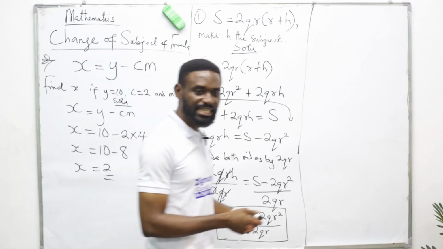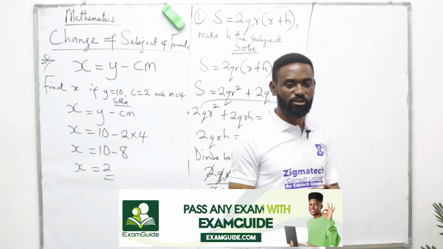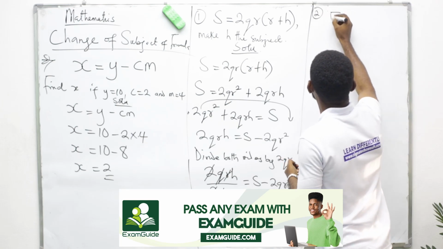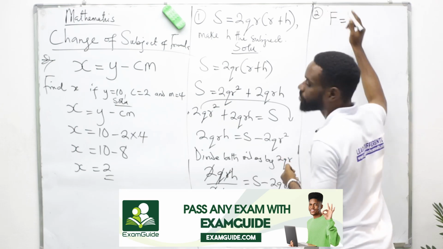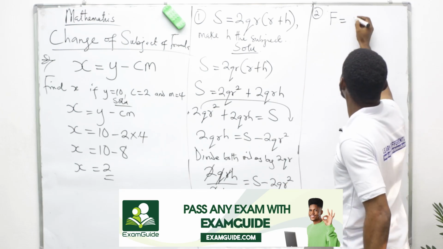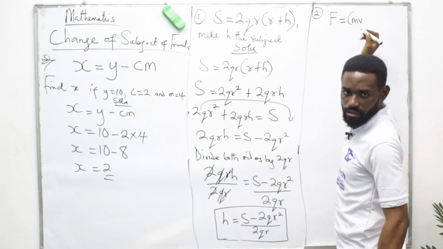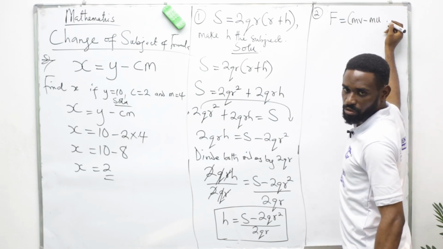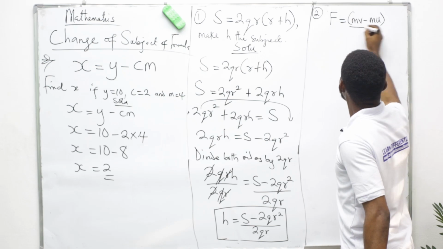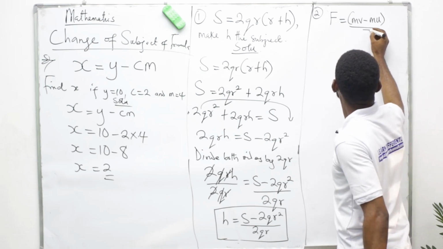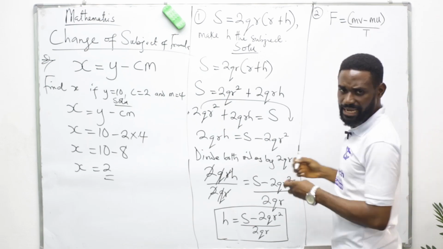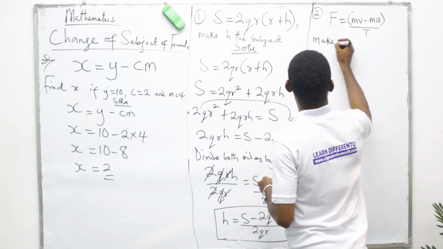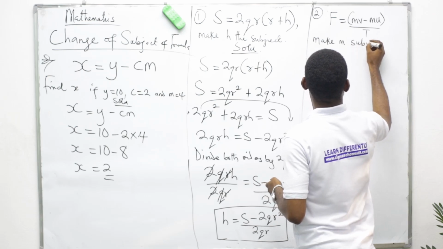The next one says make M the subject of the formula if F is equal to MV minus MU all over T. Number 2.